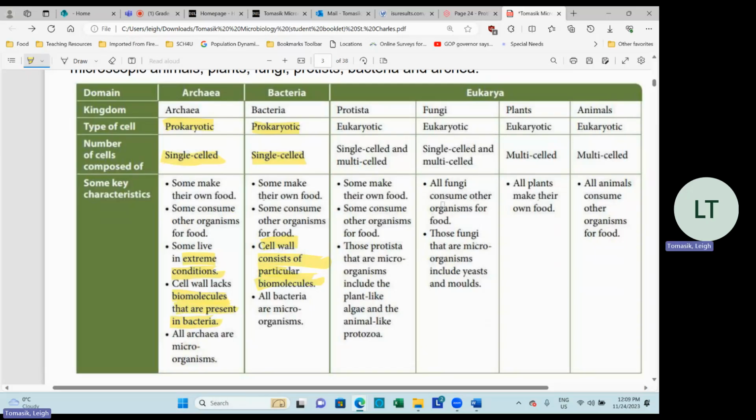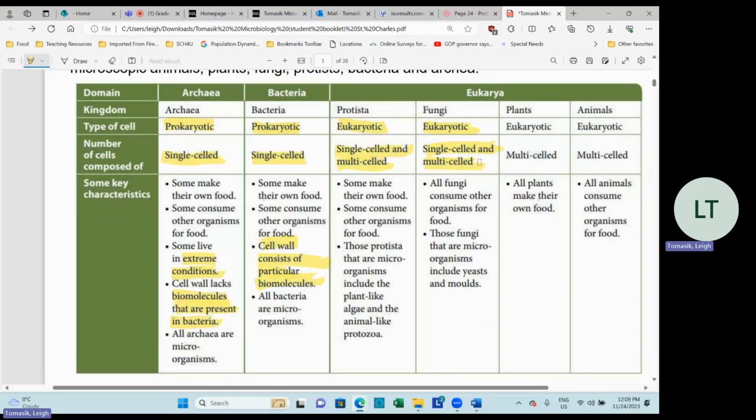We also have protists and fungi. Protists and fungi are funny in that they are both eukaryotic and they both can either be single-celled or multi-celled. For example, protists include algae.